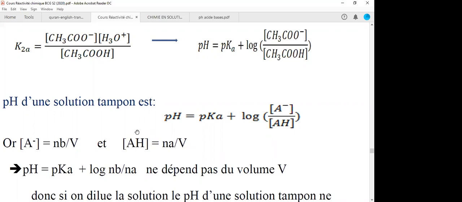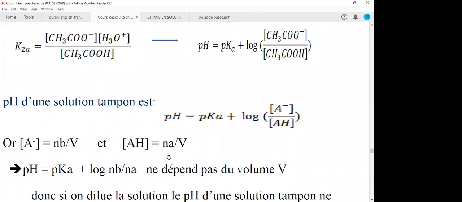So how can we find the concentration of the acid, and how can you find the concentration of the base conjugate? The concentration of the base conjugate is given by the number of moles of the base divided by the total volume. The concentration of the acid is also found because we've mixed an acid and that salt.